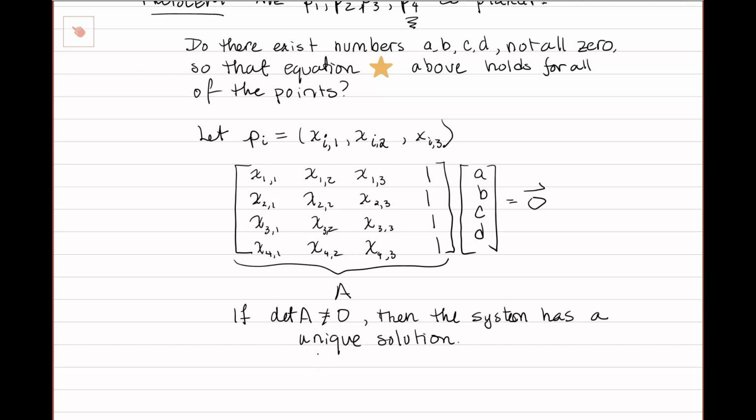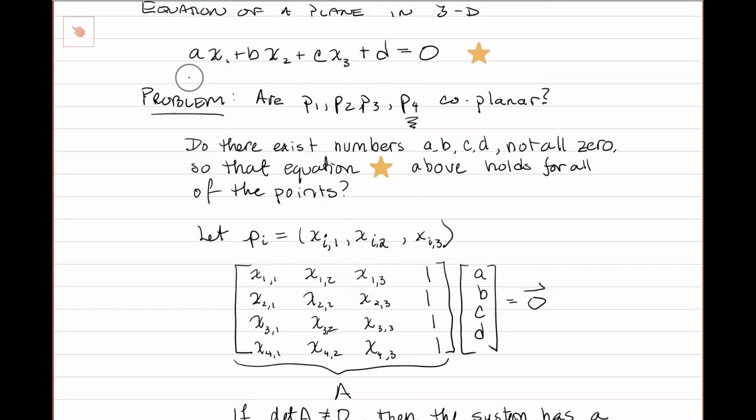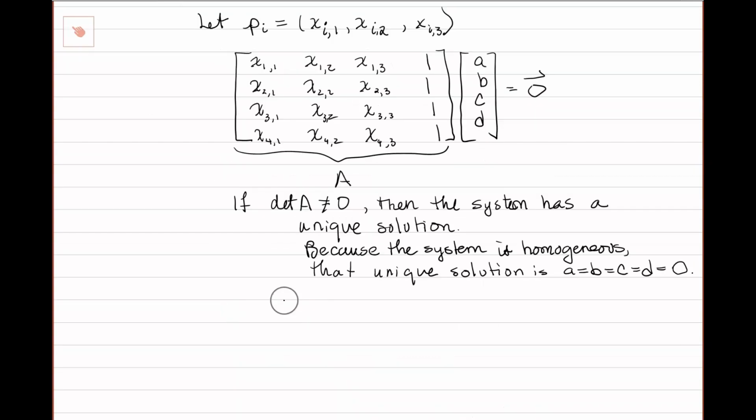And since it's a homogeneous system, we know automatically what that unique solution is going to be. So because this system is homogeneous, that unique solution is the 0 vector. A equals B equals C equals D equals 0. So in other words, it's only going to be the case that this equation is true for all 4 of those points if A, B, C, and D are all 0.